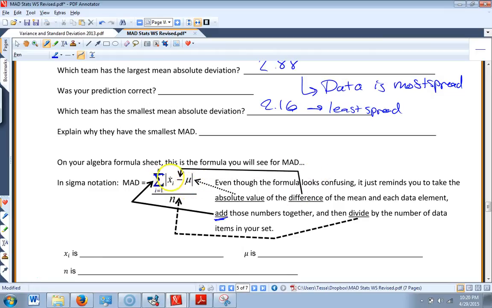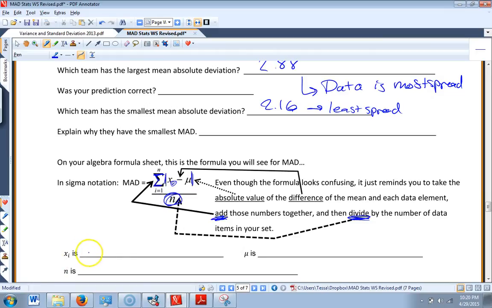Then take the absolute value of whatever you just found when you subtracted it. And you do that for each element of the data set, okay? The i, we see this cycling through each element of the data set, from 1 to all of your elements, okay? So you do that for each element, and then you add them all up, and then you divide by n, the number of things in the data set, okay?